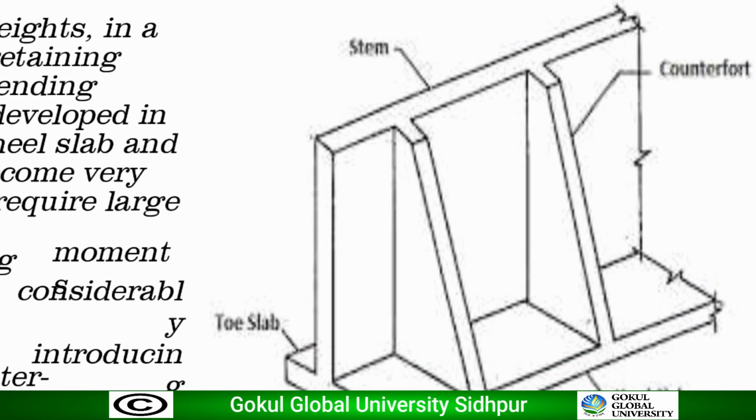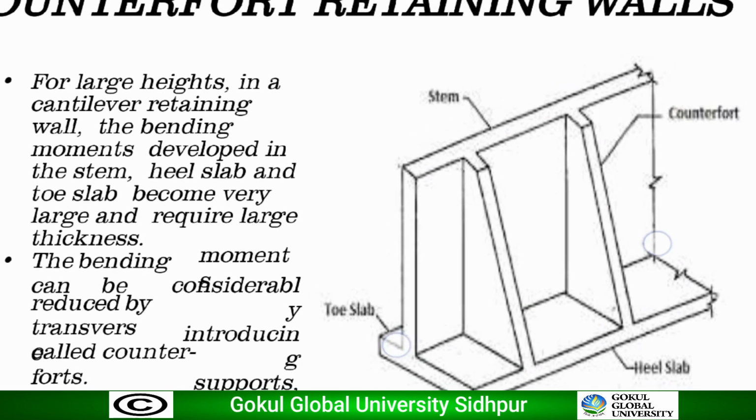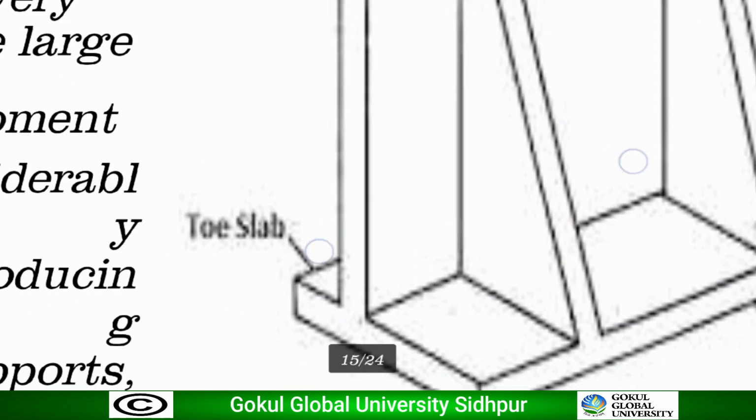Because of the provision of counterforts, the vertical stem as well as the heel slab act as a continuous slab. In contrast to the cantilever retaining wall, the toe slab, however, acts as a cantilever bending upward.